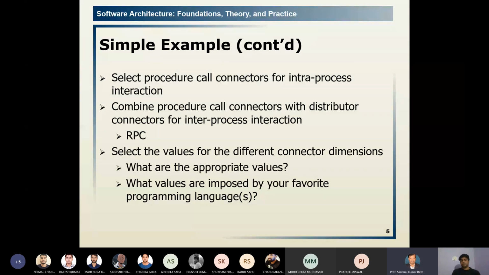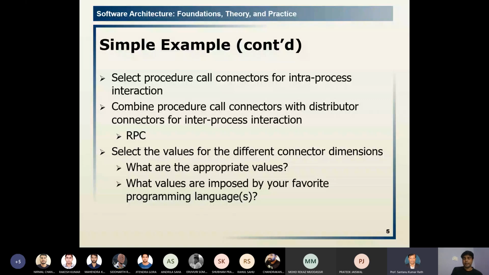Then select procedure call connectors. There is one type of connector, the procedure call connector, for the intra-process interaction. Intra-process means within the same component, if processes are there, then we can say it is an intra-process interaction. Again, combine procedure call connectors with the distributor connectors for inter-process interaction.